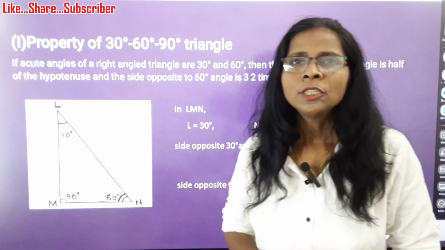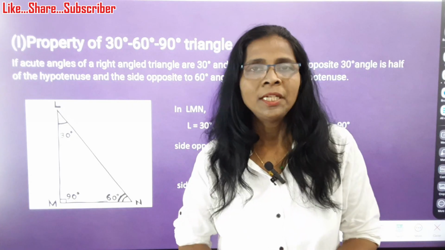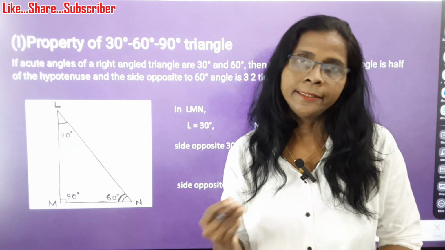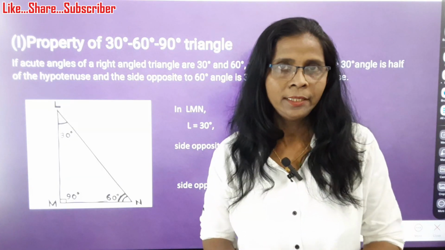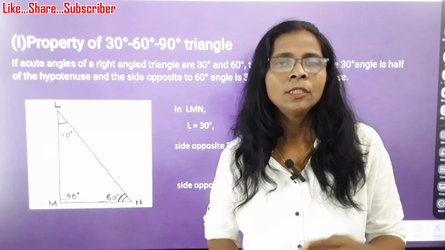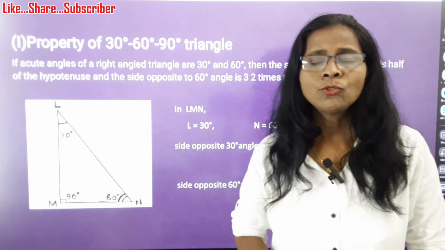If we draw the right angle triangle, then there are two possibilities: you can draw the 30, 60, 90 degree triangle, or somebody can draw the 45, 45, 90 degree triangle.